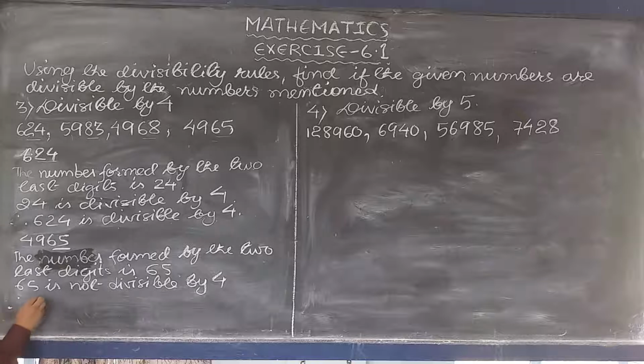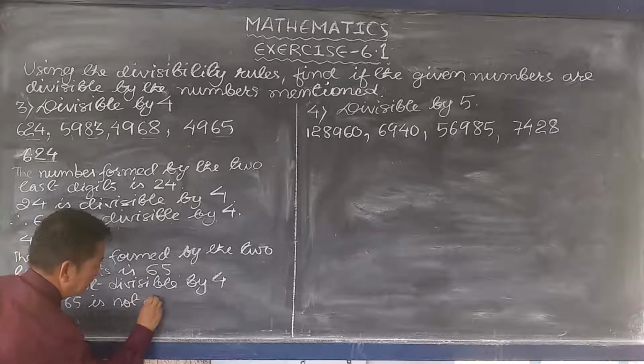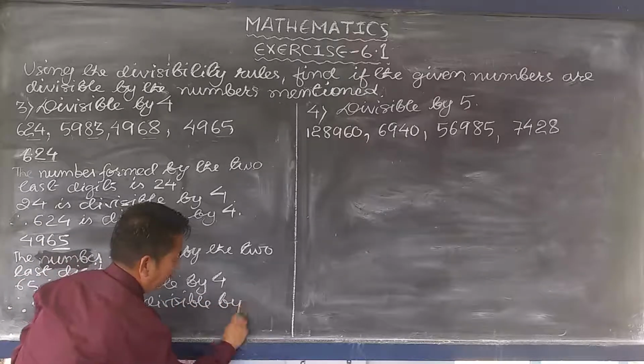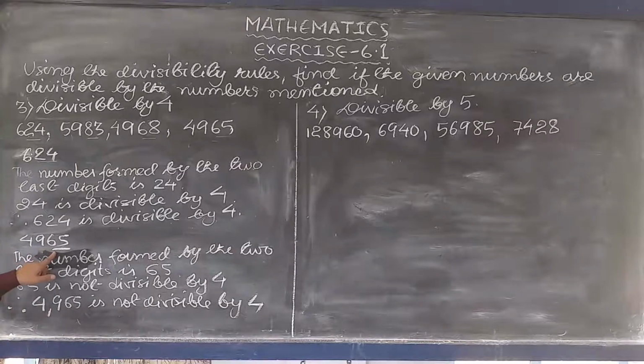Therefore, 4965 is not divisible by 4. As you can see here, the number formed by the last two digits is 65.